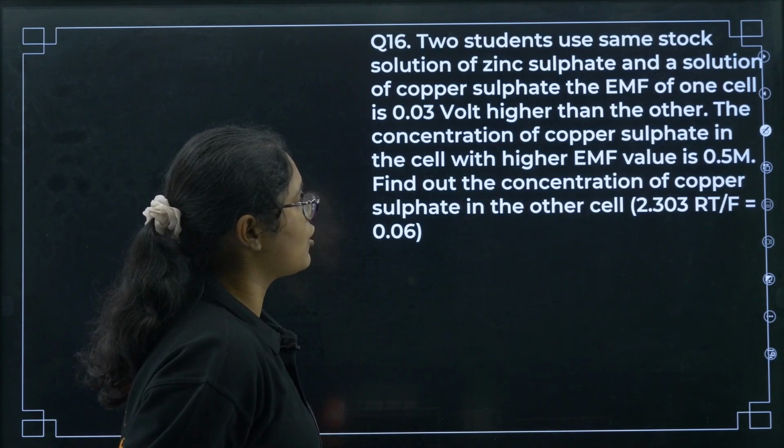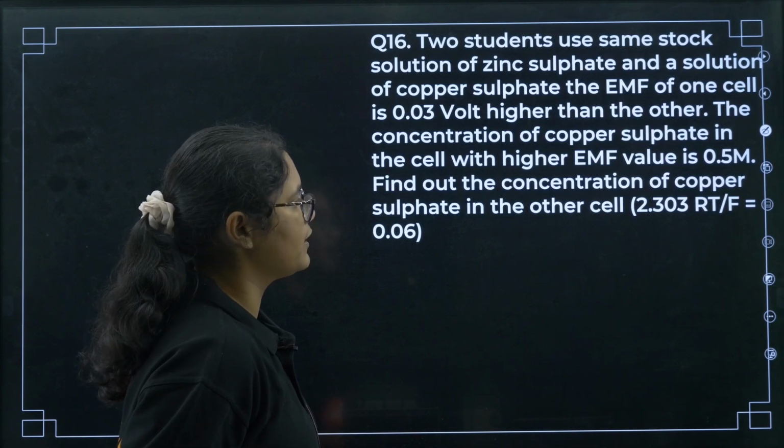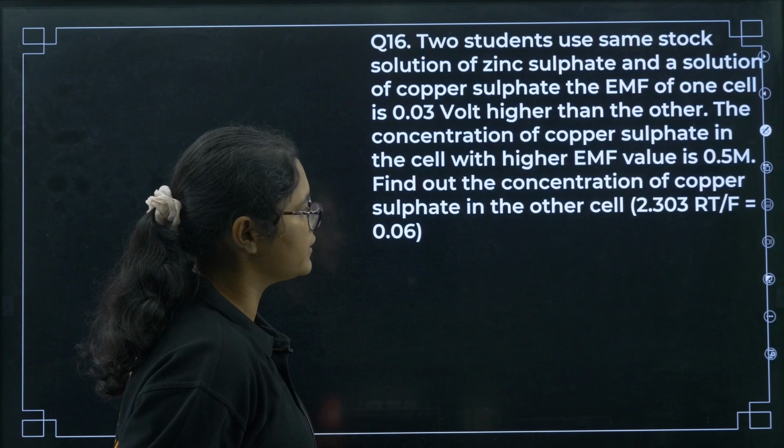The concentration of copper sulfate in the cell with higher EMF is 0.5 m. Find out the concentration of copper sulfate in the other cell.